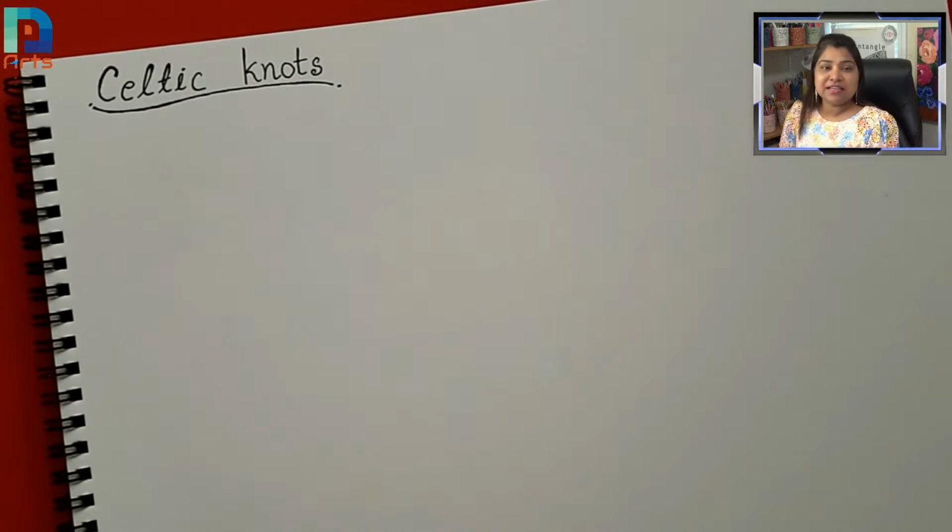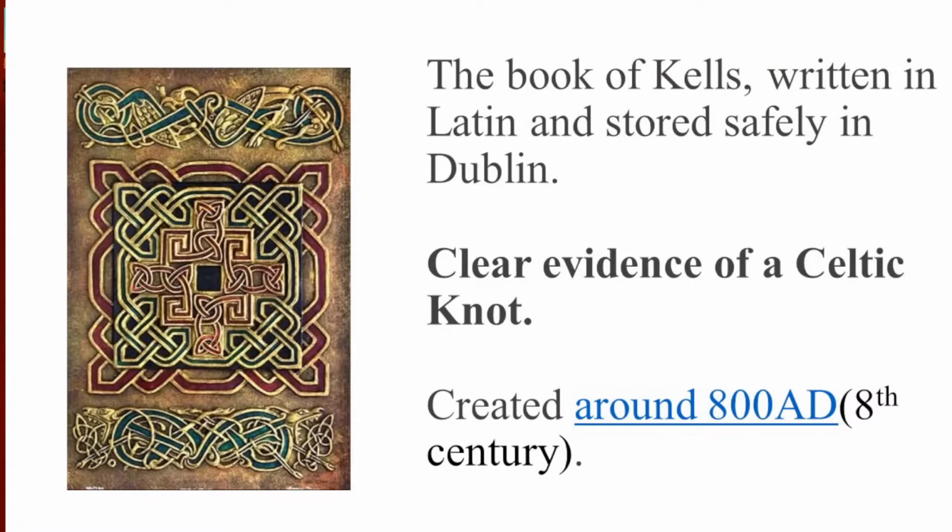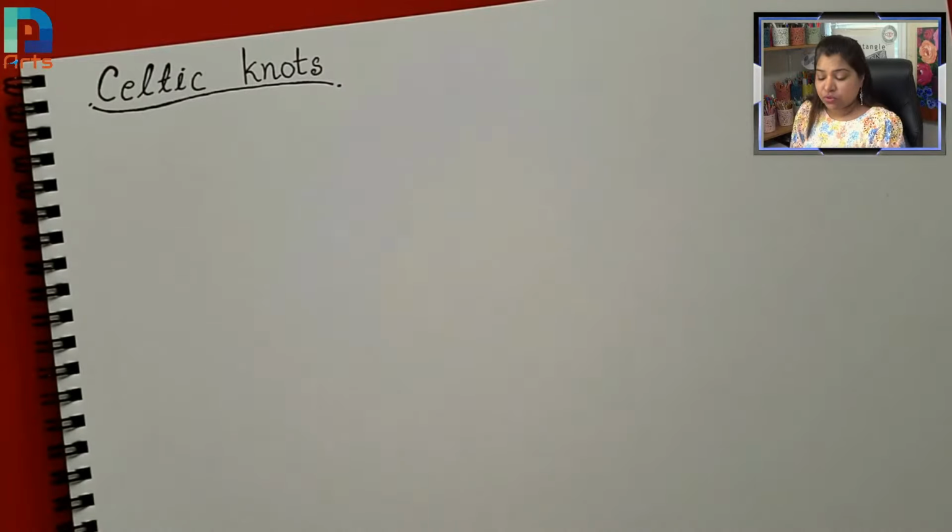And this Celtic style, the Celts people, they lived centuries ago, in the Iron Age. We can see lots of their evidence in the past, like this is the Book of Kells around the 8th century. And we have a lot more other evidence in our past which shows that these knots and these symbols are not new.